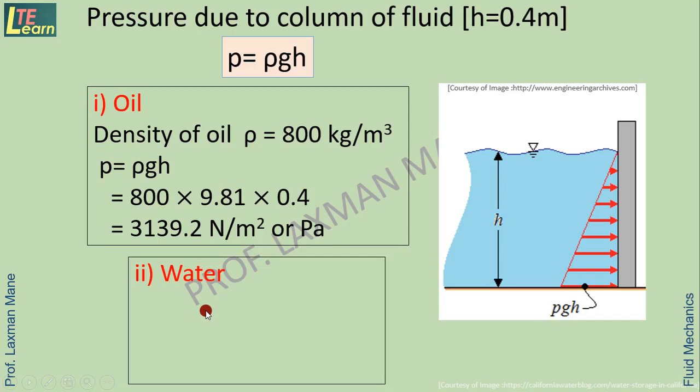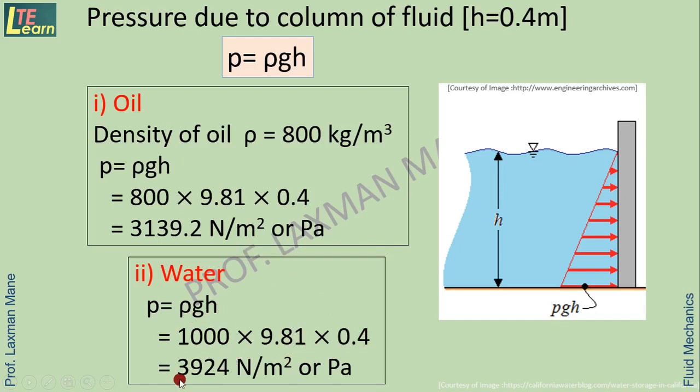The same calculation we can do for water. In this case, for the water, density rho is taken as 1000 kg per meter cube. Values of g and h are the same as for oil. Doing the calculation, we find the pressure intensity for water in Pascal.